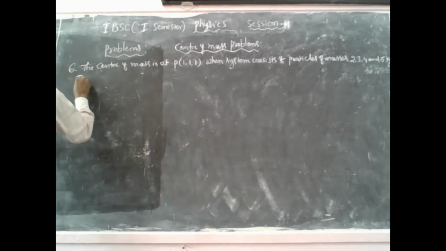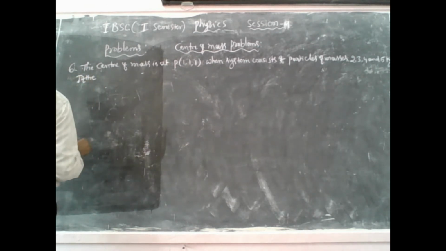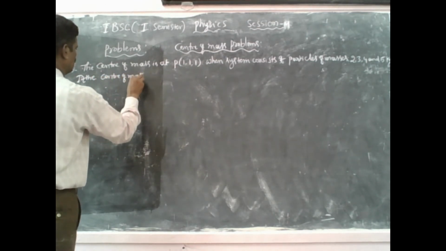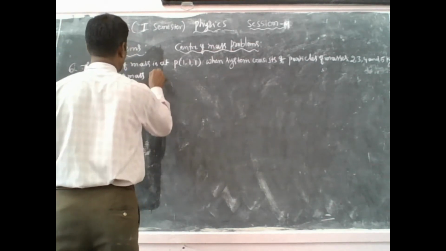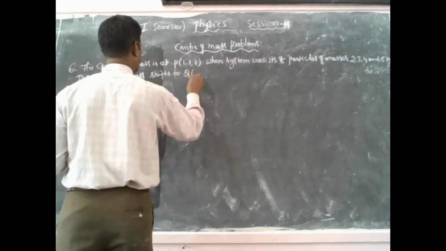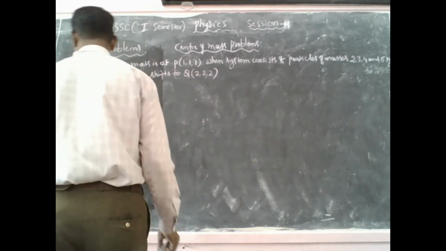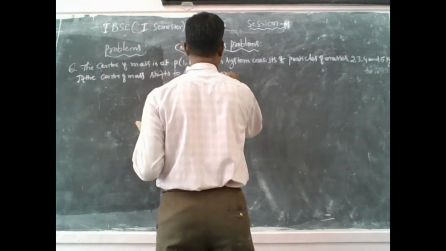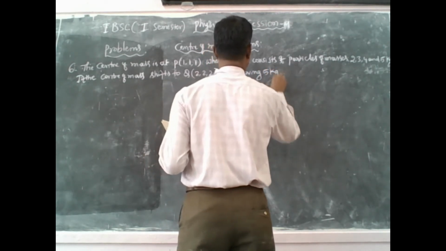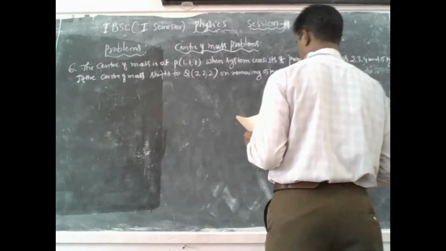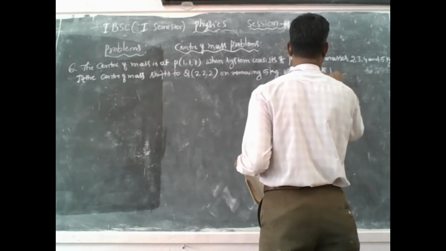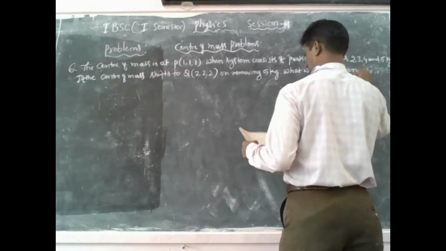If the center of mass shifts to Q equals 2, 2, 2 on removing 5 kg, what was its position? Isn't it?